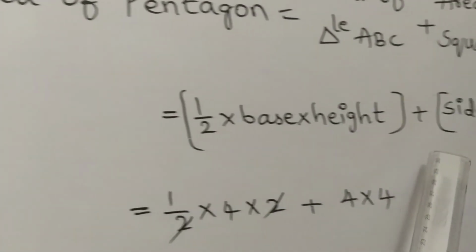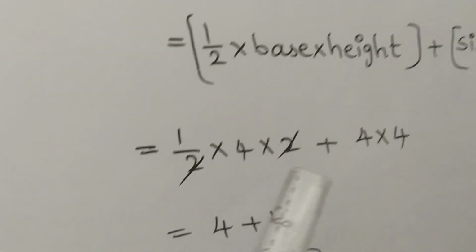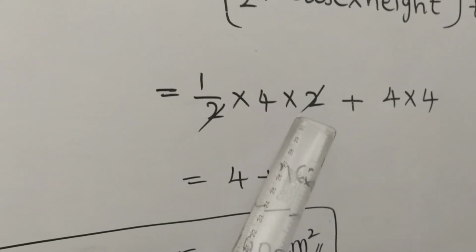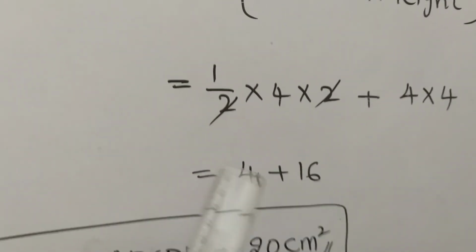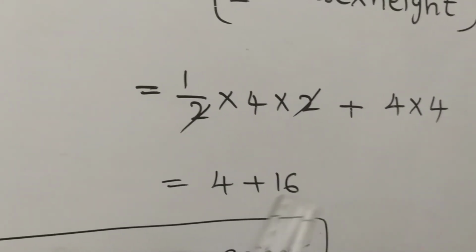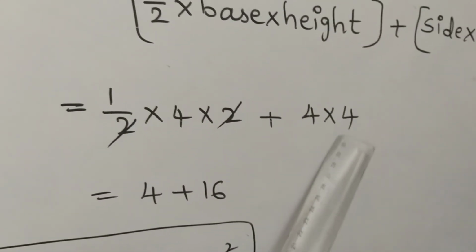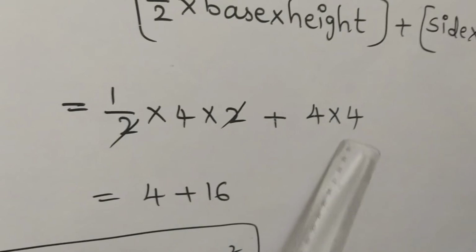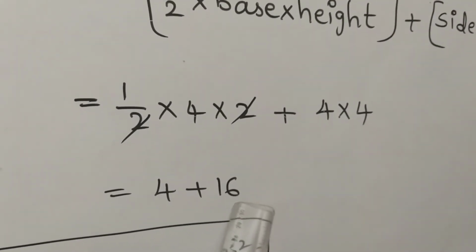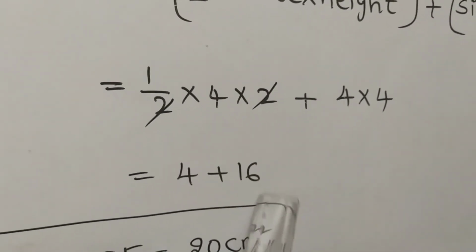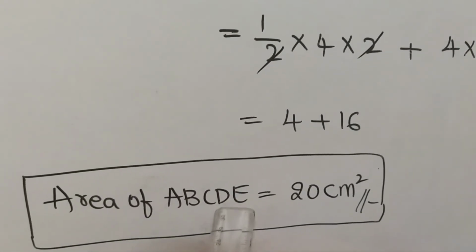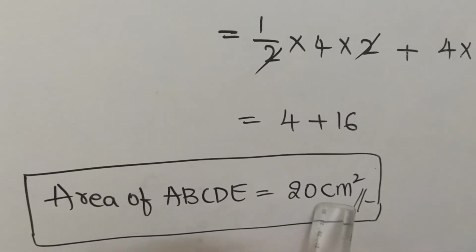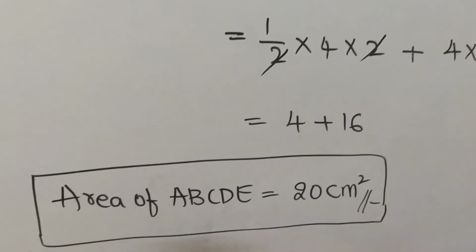So we are taking 4 into 4. Now in the calculation this 2 and 2 get cancelled. Here only 4 remains. Take 4 here plus side into side, that is 4 into 4. It is 4 fours are 16, students. Now 4 plus 16 will be 20 centimeter square. Therefore the area of pentagon ABCDE is 20 centimeter square.